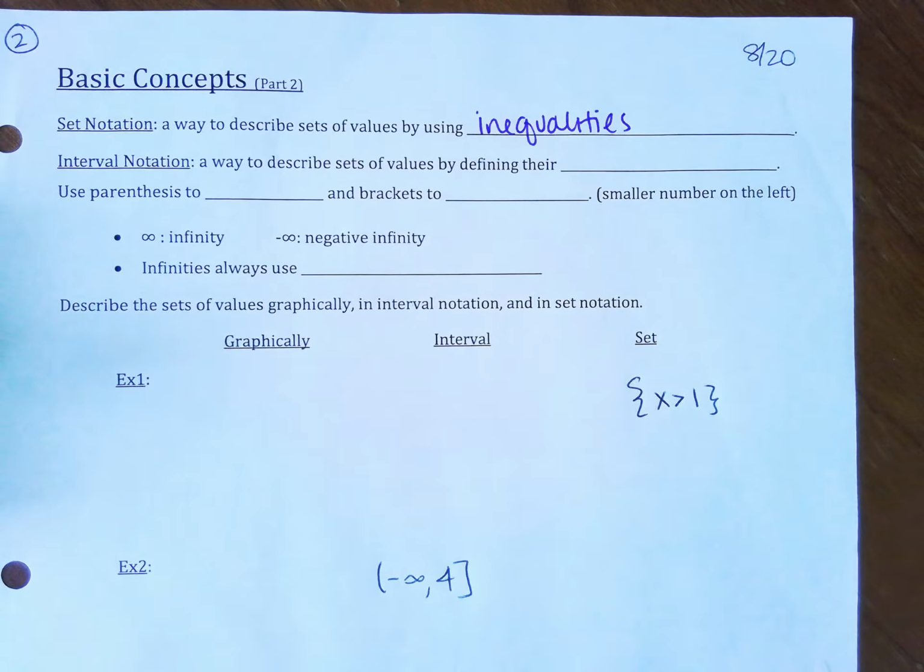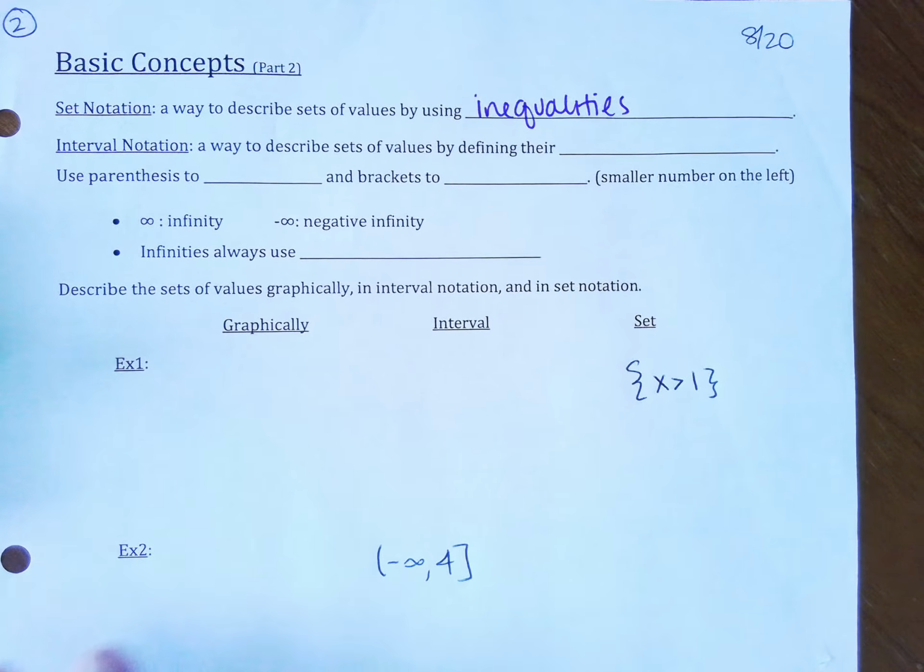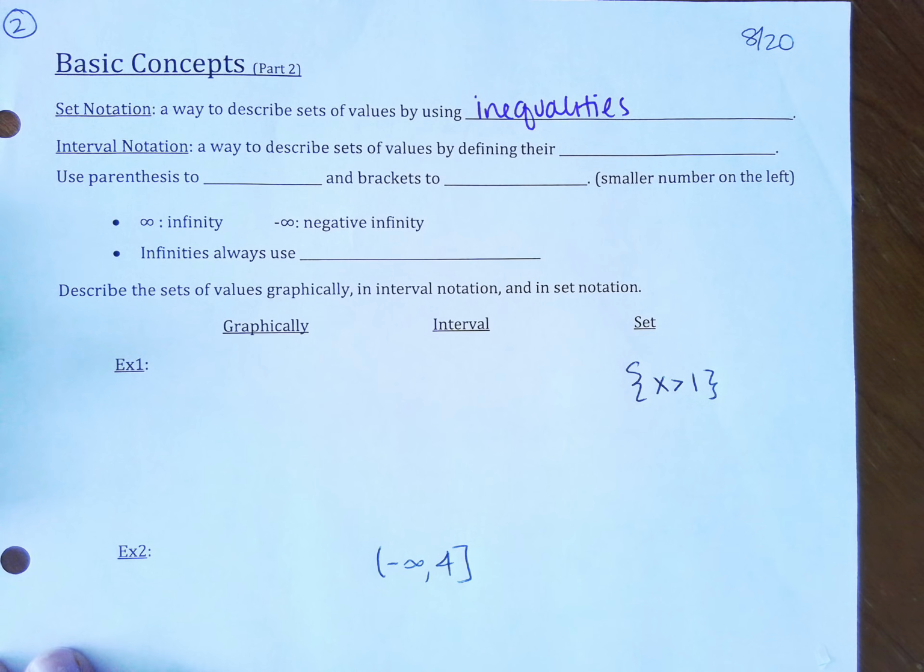Inequalities allow us to decide if we have all values that are less than a particular number or greater than a particular number. And it encompasses all of those things without having to list out every number that would be involved.